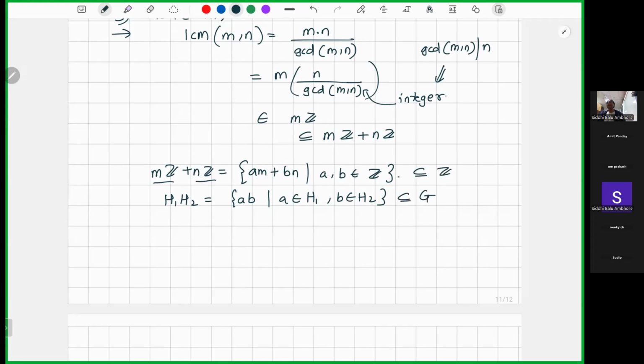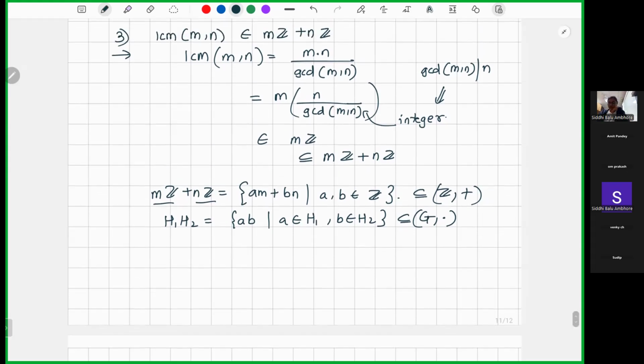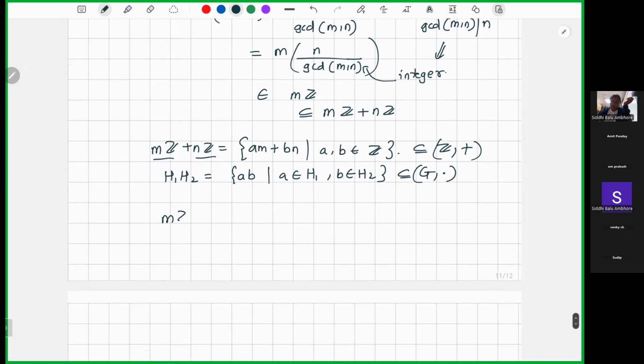Everything is happening inside my original group G. Here, this is happening inside my Z, and this H1 plus H2 is happening inside my G. Let me just write this. Is this okay? So this belongs to MZ, and MZ is contained in MZ plus NZ. Because MZ is what?